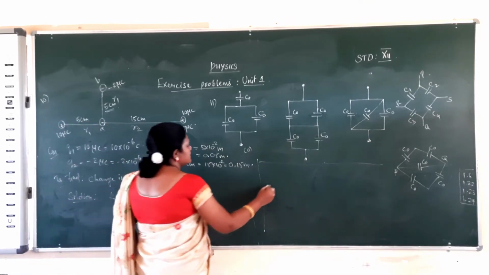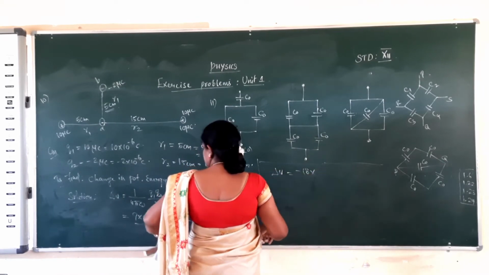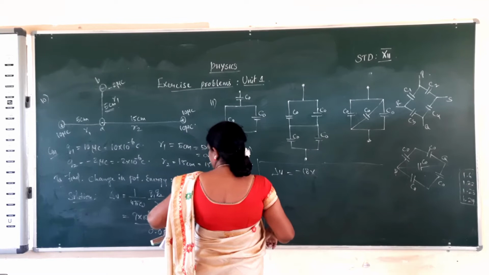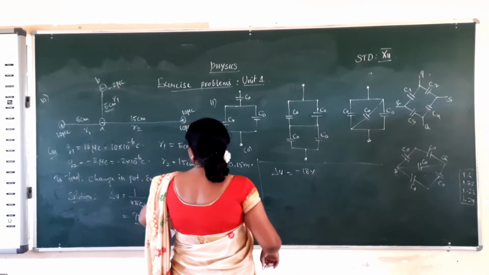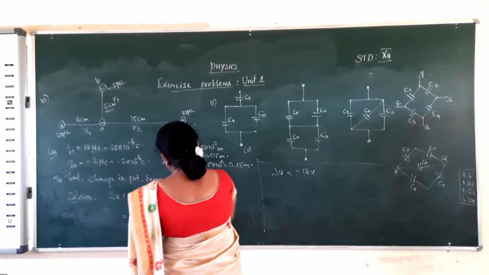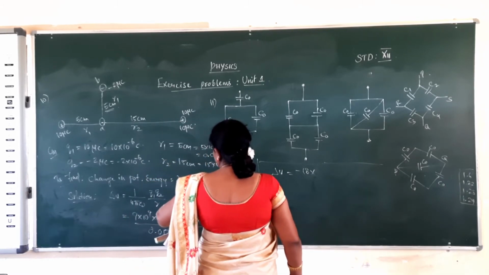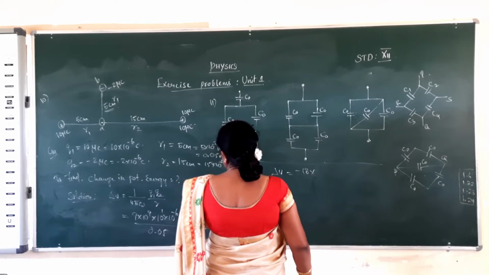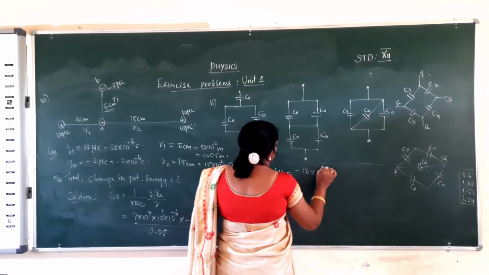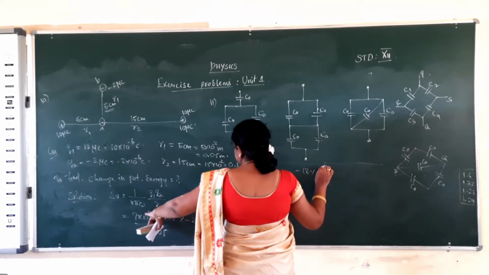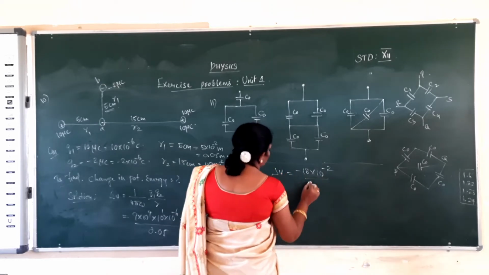So minus 18, del U is equal to minus 18 into 10 power 9, and then 10 into 10 power 6, that is 10 power 1. So 10 power 9 into 10 power 1 is 10 power 10. 10 power minus 6 and 10 power minus 6 gives 10 power minus 12, by 0.05.